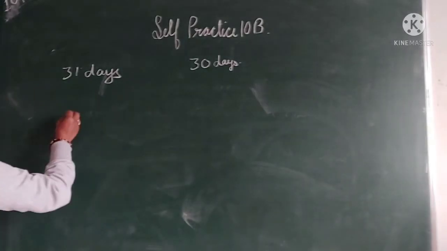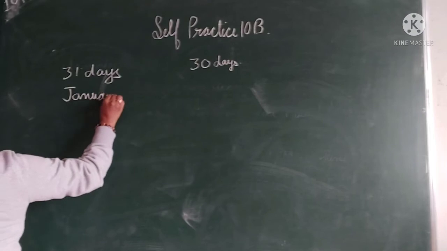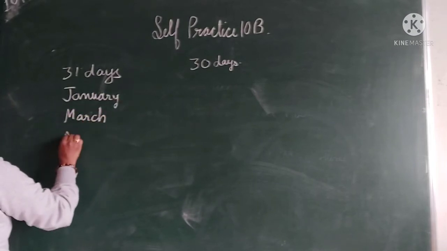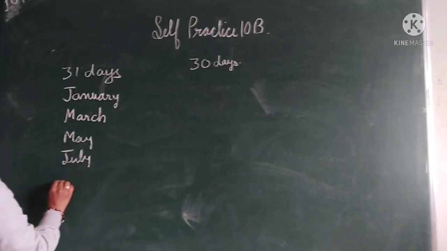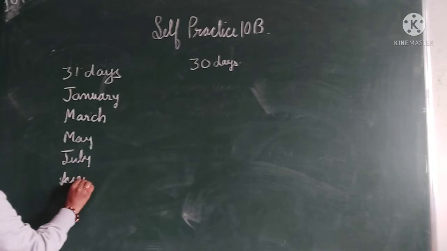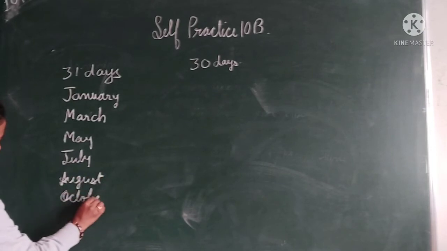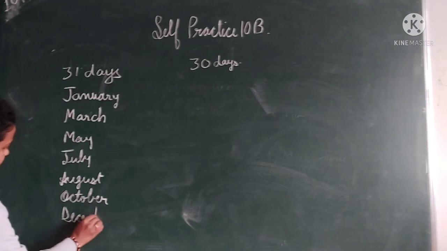So see here, January, March, May, July, August, October and December. These are how many days?